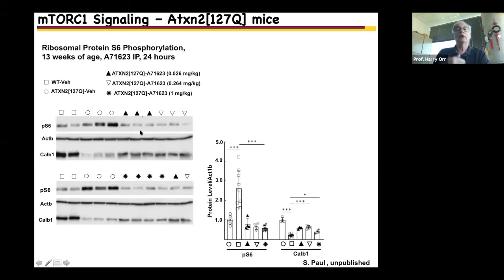And importantly, administering the agonist at various doses reduced the signaling level back down to the wild type levels, as shown quantitatively over here. And importantly, as in the 82Q ataxin 1 animals, we saw a slight but significant increase in calbindin in the SCA2 animals receiving agonist.